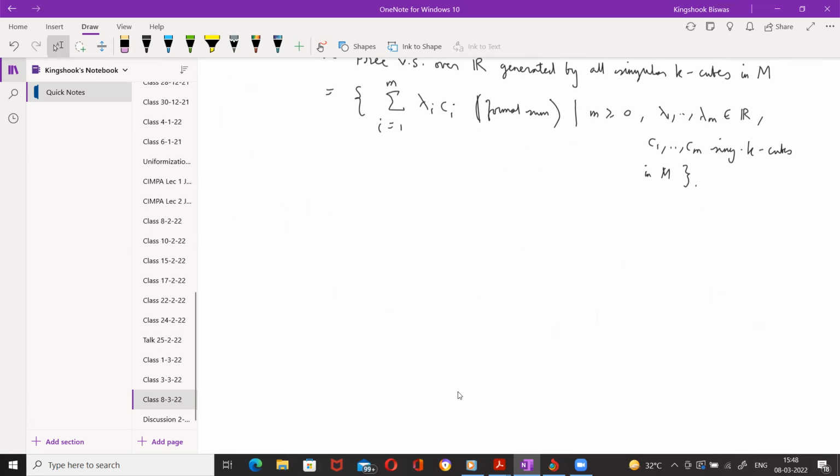So why do we want to do this? Because then we can define an operator called the boundary operator.